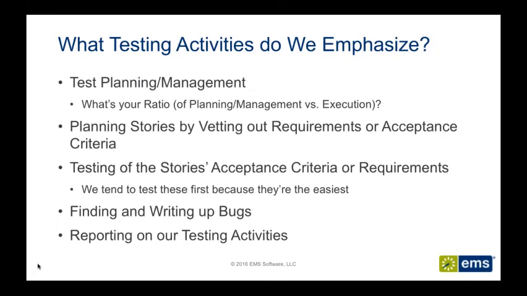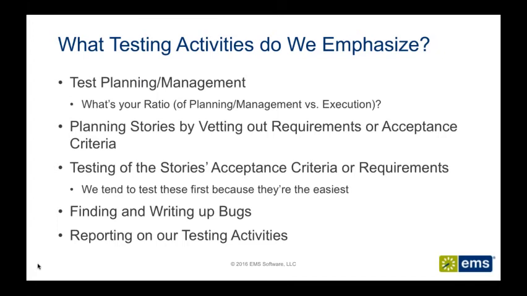Once we start receiving stories or work for us to test, one of the very first things that we do is we start executing the test cases against the acceptance criteria or the requirements. Not that that's a bad thing, but that's one of the areas where I want to emphasize that we tend to see a lot of inefficiencies.